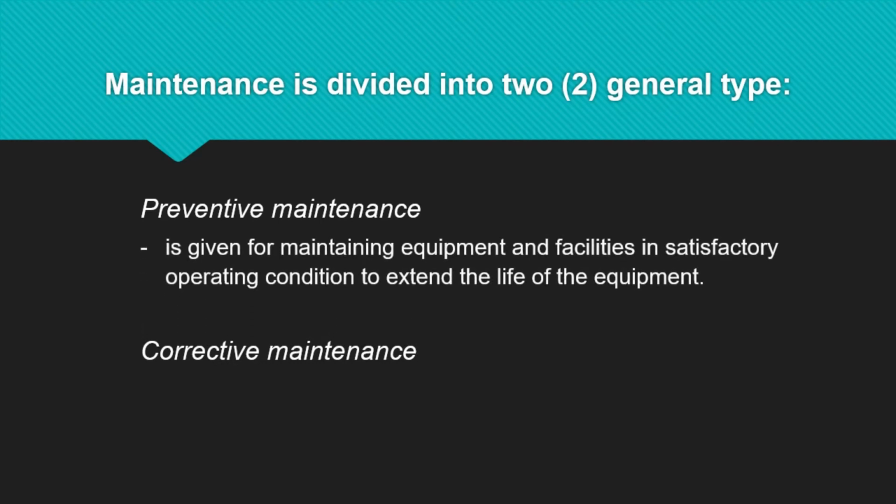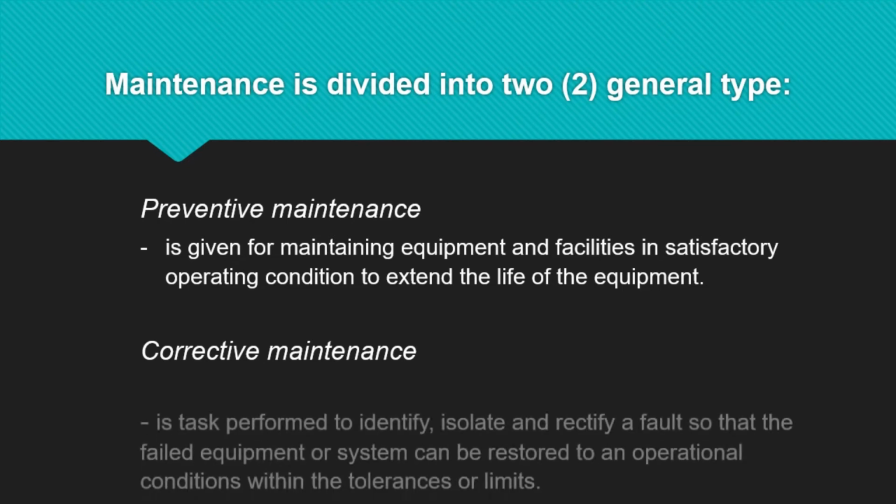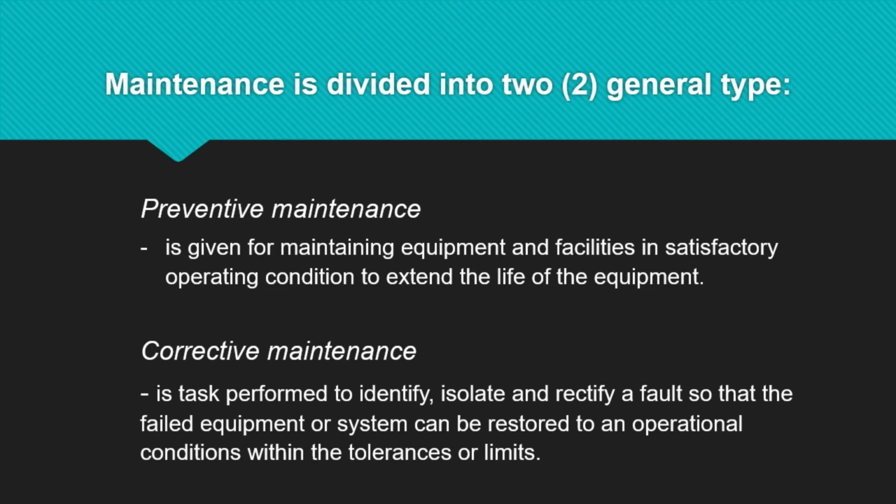Preventive maintenance is given for maintaining equipment and facilities in satisfactory operating condition to extend the life of the equipment, while corrective maintenance is a task performed to identify, isolate, and rectify a fault so that the failed equipment or system can be restored to an operational condition within the tolerances or limits.